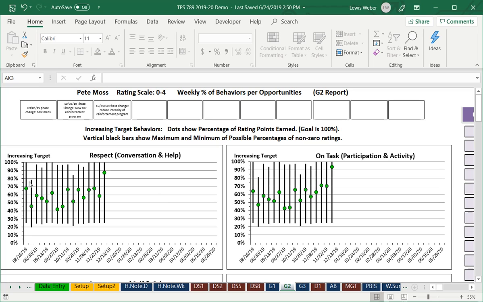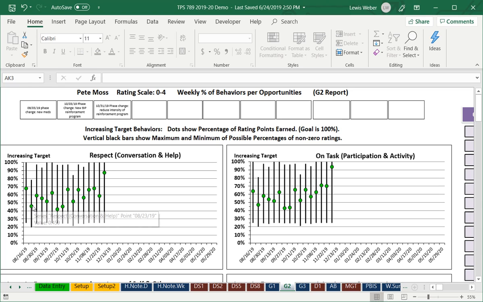So once again, top of the bar, well, let's start with rating. The rating percentage is the dot, 45.9%. Top of the bar is occurrence. So respect during that week occurred in 78% of the recording intervals, and the location of the dot on the bar tells us the intensity measure.